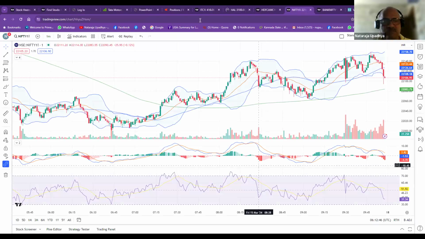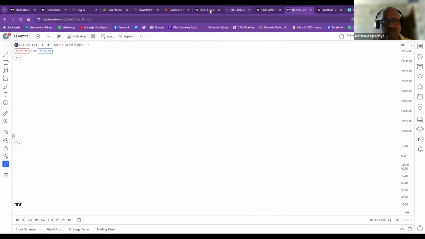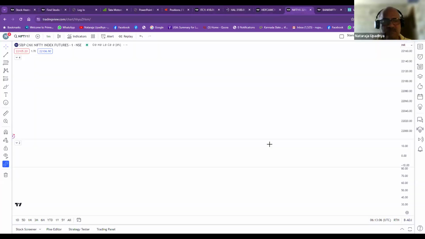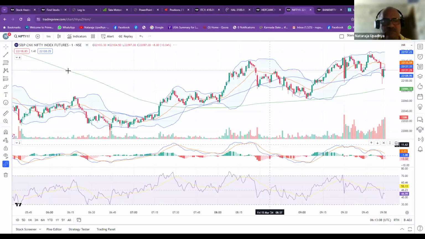I hope you can see the chart now. Can you see this chart? I hope so. I'm getting a Nifty chart here. This is the Nifty futures chart.